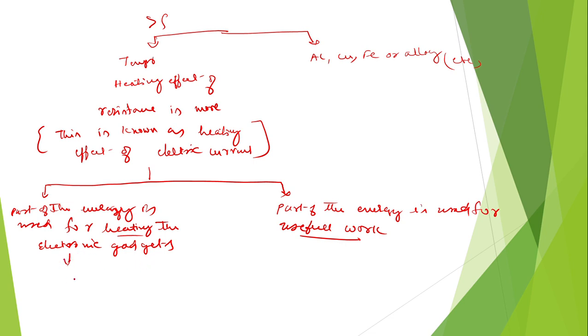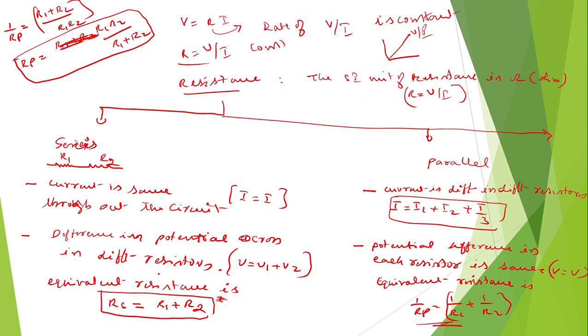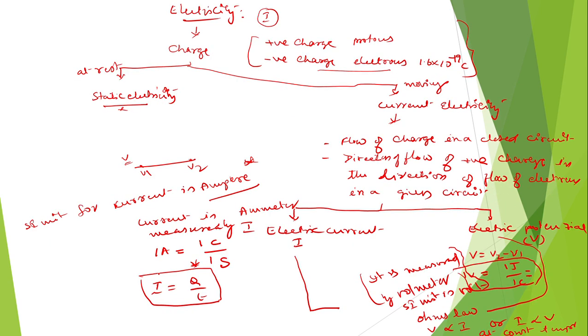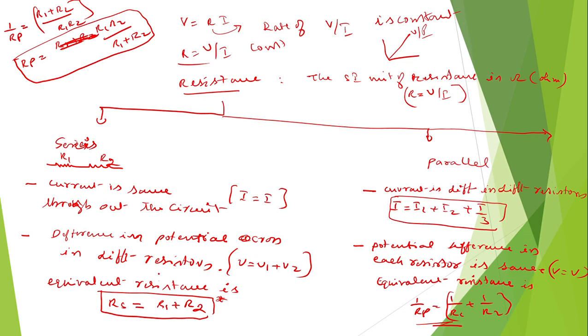Now again here one more equation will generate. So H is equal to V into I into T. Now we will see here V is equal to Ri.